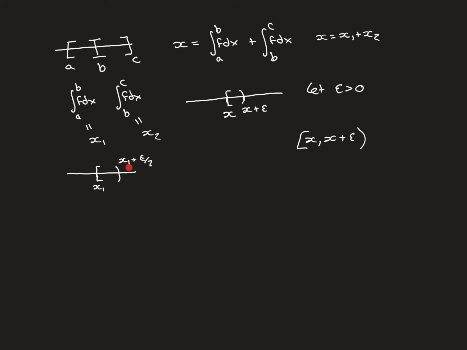Well, if I couldn't do that, that would mean that this was a lower bound for the upper Riemann sums, which would contradict this being the greatest lower bound, the infimum. So there must be an upper Riemann sum that is strictly less than this value, x1 plus epsilon over 2. So we'll put that here.